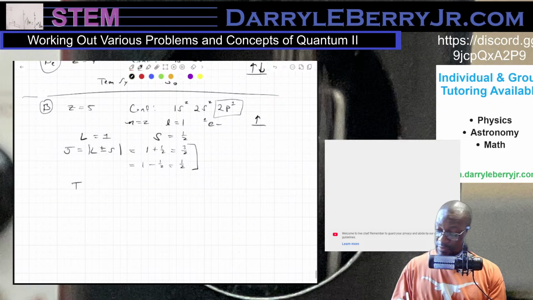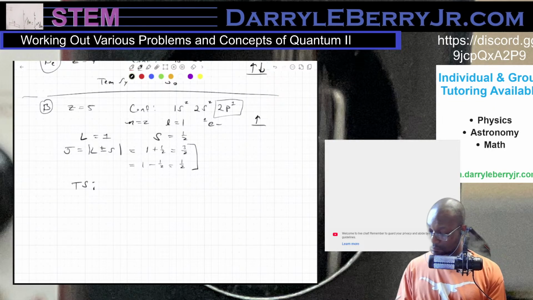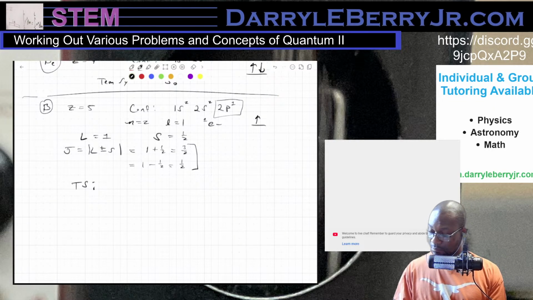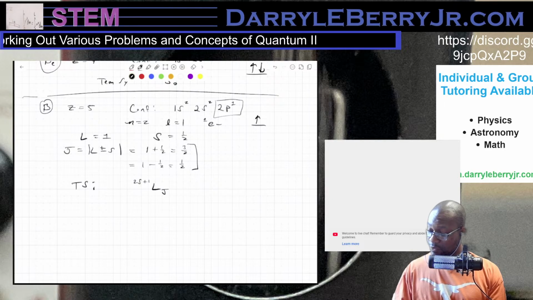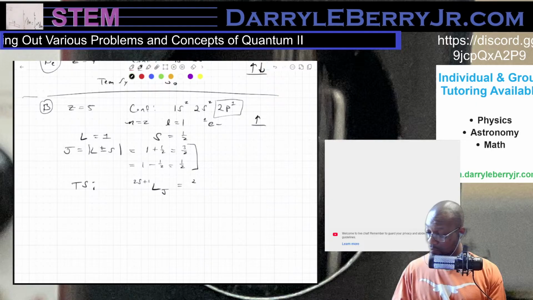So term symbols, the first one is 2S plus 1, L, J. So that's 2 times 1/2 plus 1, P, and J is 3/2.